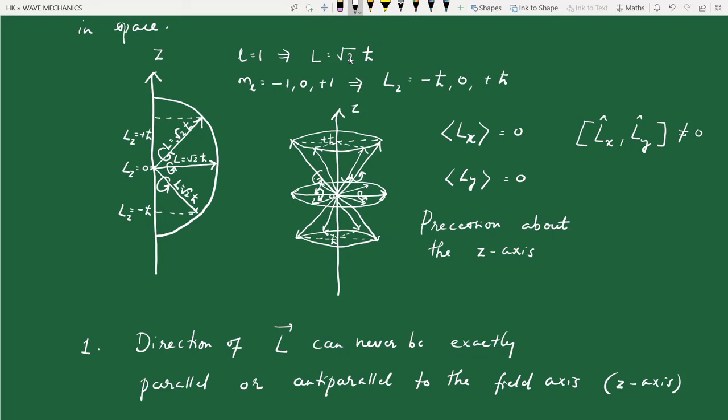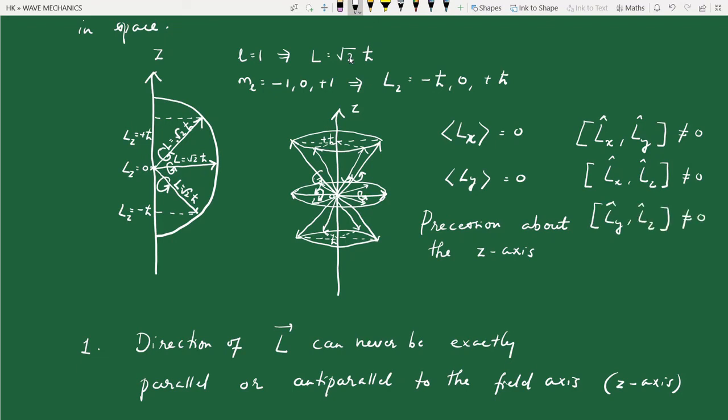If they are non-commuting, there cannot be a common eigenstate where they can be measured together. That means they cannot have definite values in a common state. This is not only for Lx and Ly; Lx and Lz also, and similarly Ly and Lz, are non-commuting.